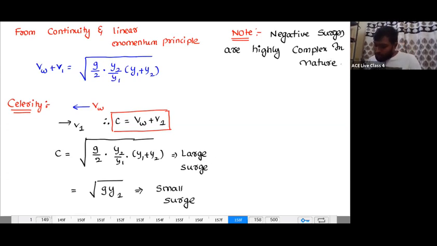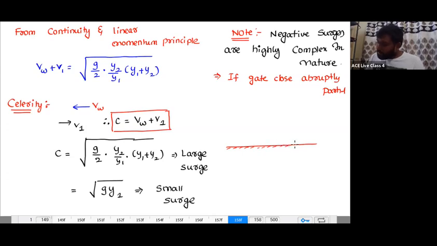Sir, if you open the gate partially, or if the gate closes abruptly, partial. If the gate is going to be closed abruptly, partial.